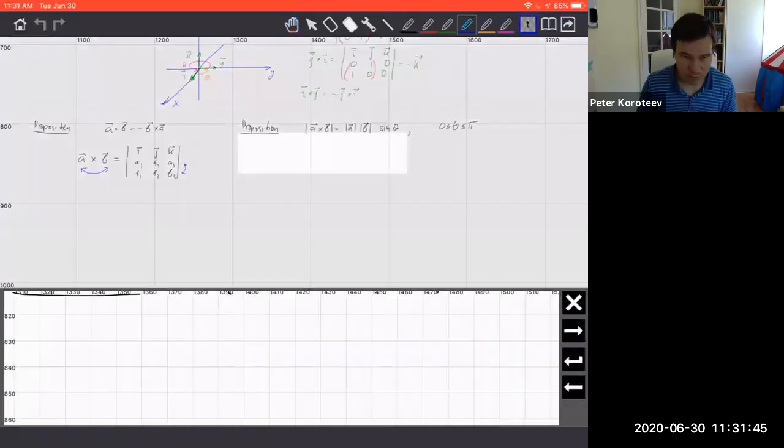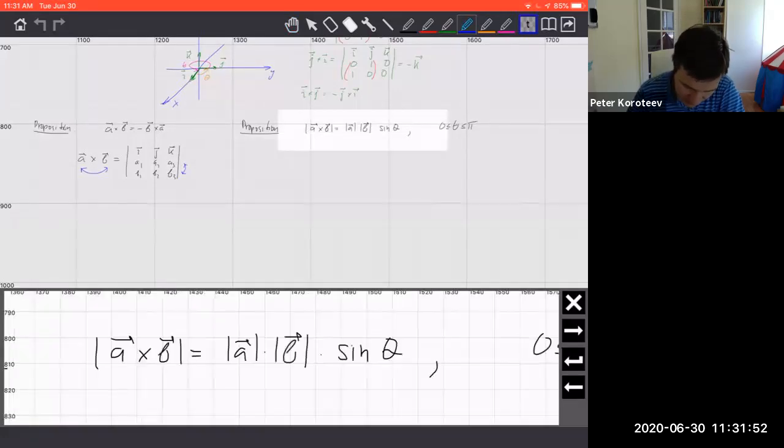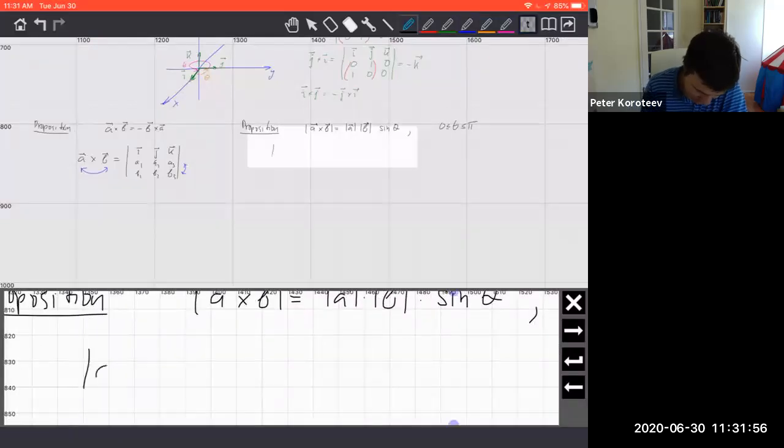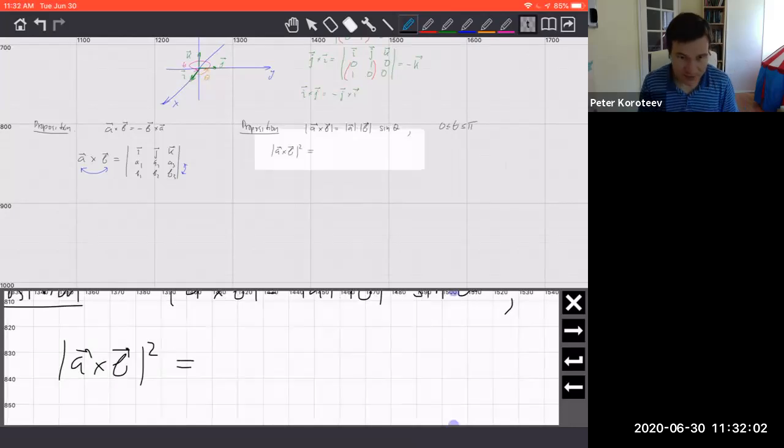So let's prove this. How are we going to prove it? Let's square the left-hand side and the right-hand side and show that they're the same. So we have the absolute value of A cross B squared. We had the formula above, so let me copy it here.